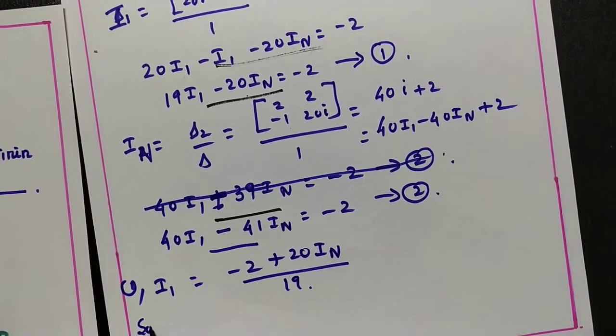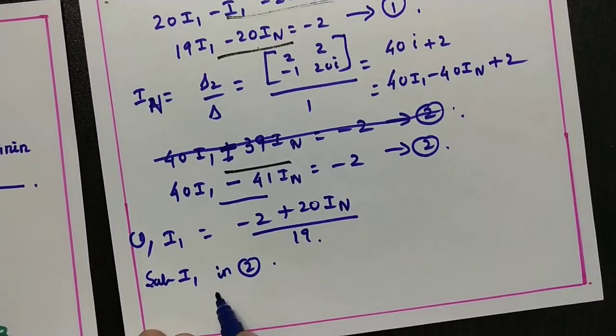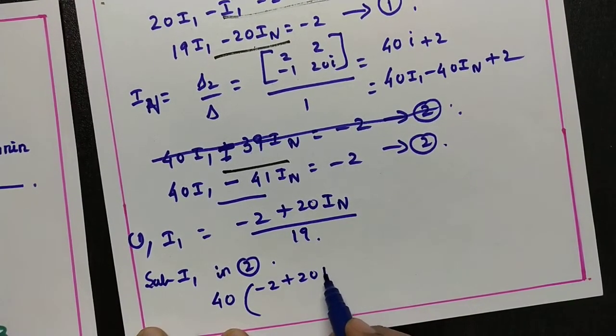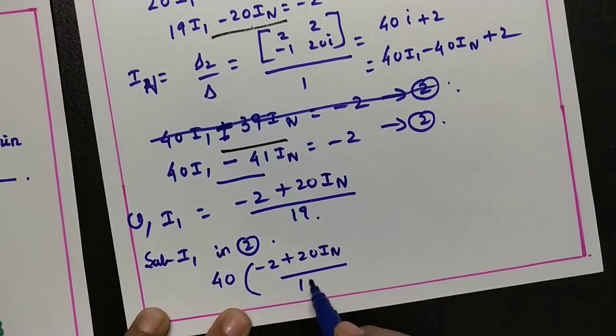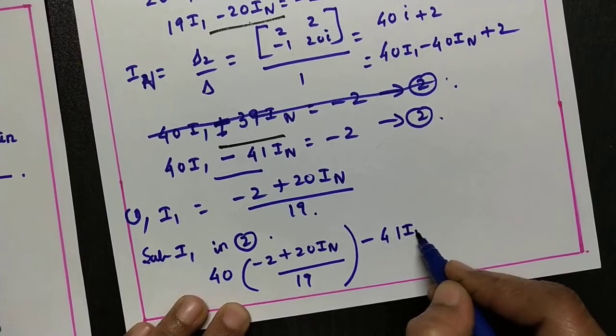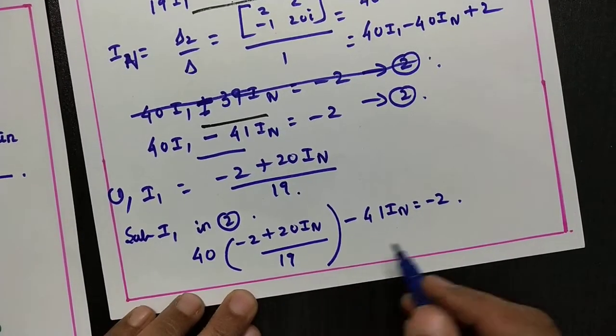Now substituting I1 in the second equation, this equation will become 40 into minus 2 plus 20IN by 19 minus 41IN equal to minus 2. So let me solve for this one.